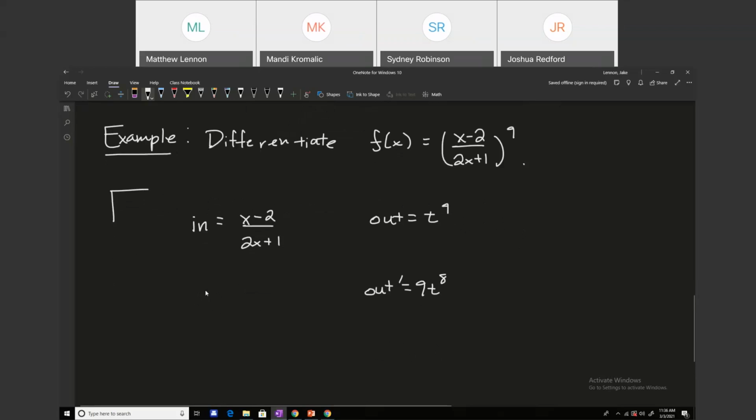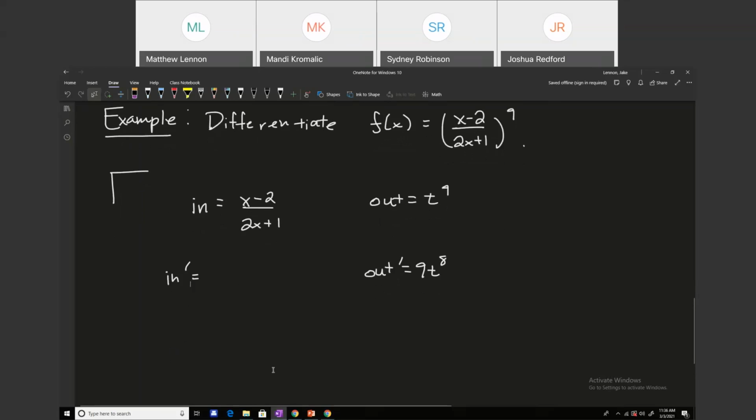But my inside prime I have to find using the quotient rule. So let's do that right here. So that would be u is x minus 2. V would be 2x plus 1. So u prime is 1.